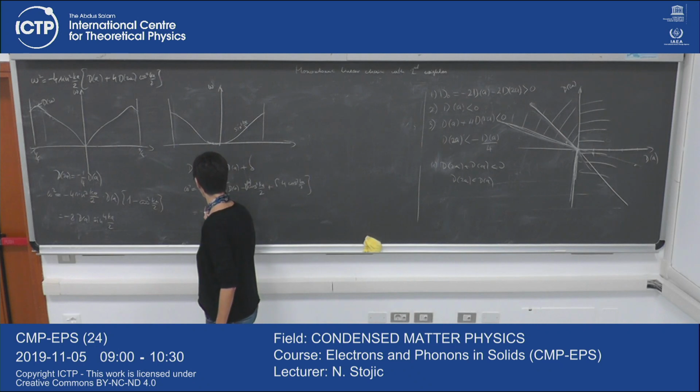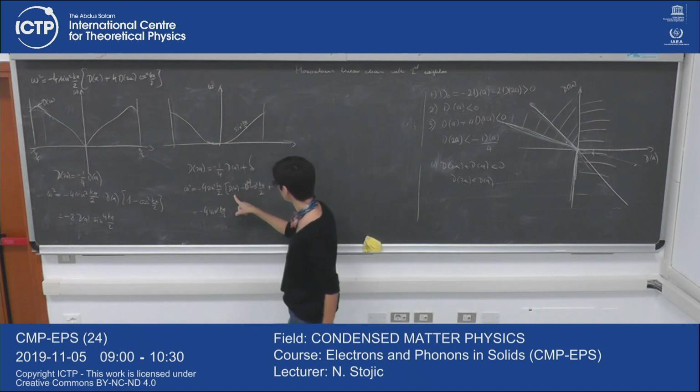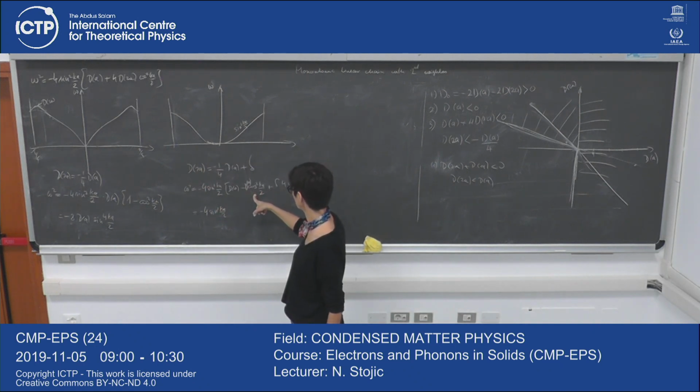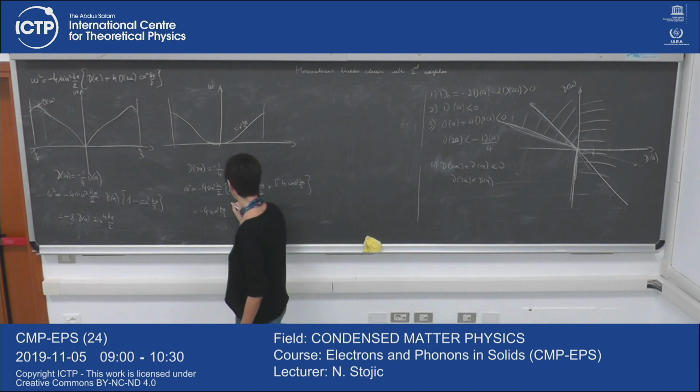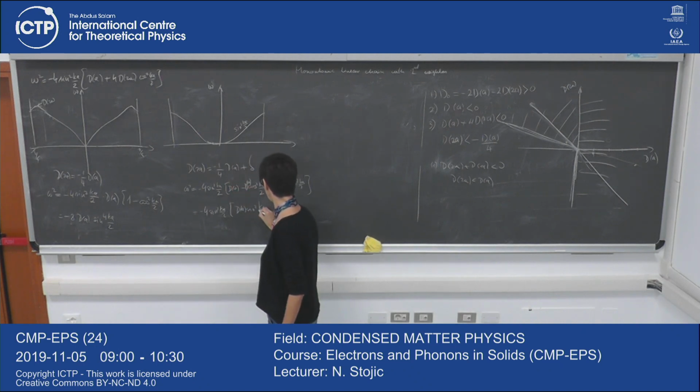So I will have d of a, 1 minus cosine square is a sine square. So I'm getting d of a sine square k a half.